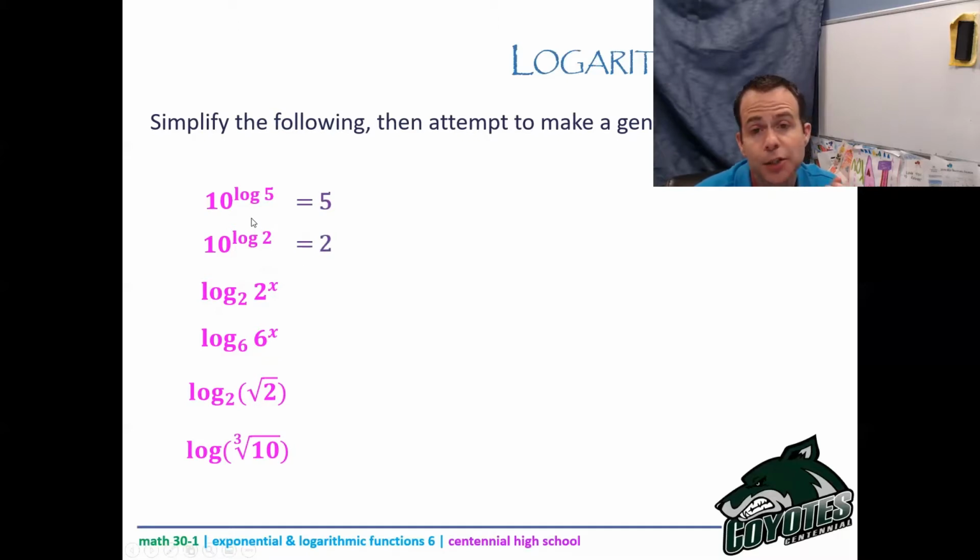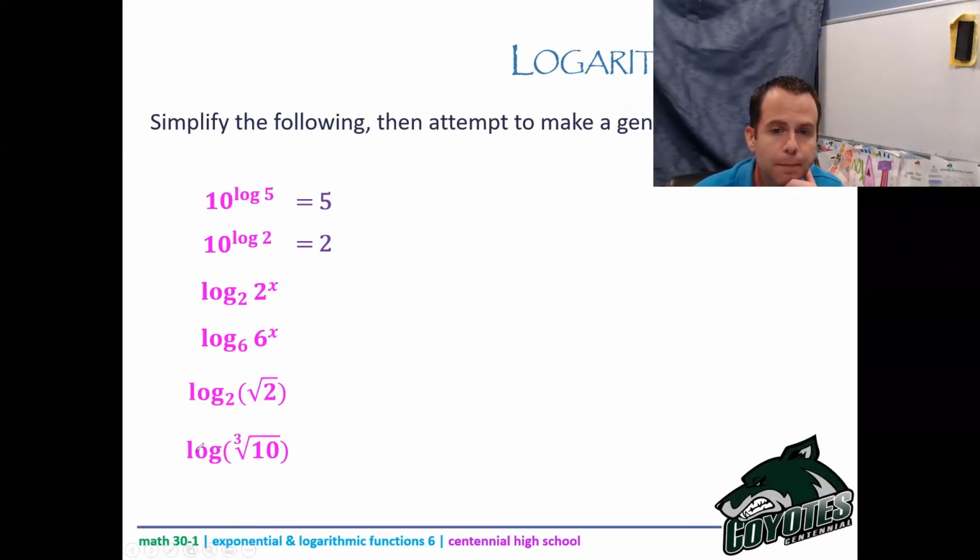What I want you to notice is the base of this log is the same as the base of the exponent, and that's the rule we're looking at here. If the base of the power and the base of the log are the same, I will end up just getting whatever that number is.